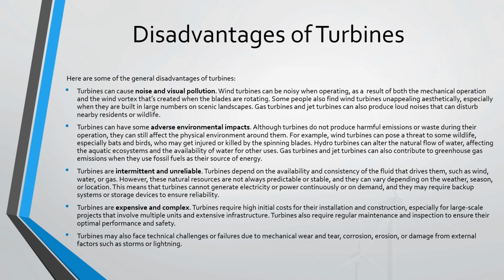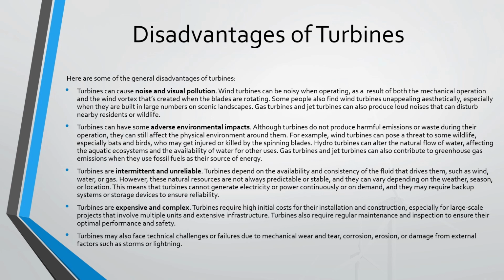Hydroturbines can alter the natural flow of water, affecting the aquatic ecosystems and the availability of water for other uses. Gas turbines and jet turbines can also contribute to greenhouse gas emissions when they use fossil fuels as their source of energy. Turbines are intermittent and unreliable.